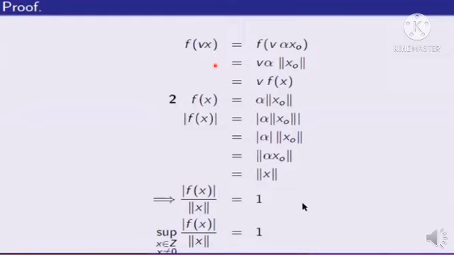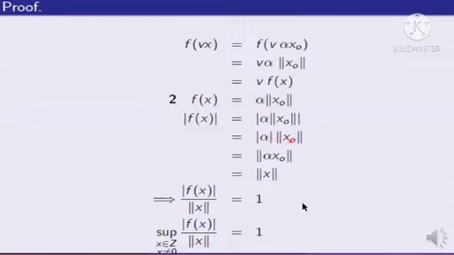Now we will prove that this f is bounded. So f of x is equal to alpha times the norm of x0. Take the absolute value on both sides. The absolute value of f of x is equal to the absolute value of alpha times the norm of x0.